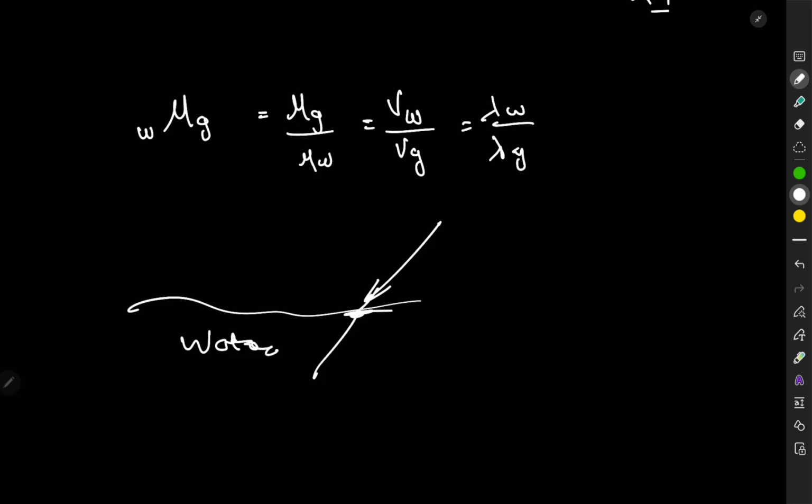The velocity will be slowed down when water is with high density than the air. Of course it is. So mu will be inversely proportional to V. Mu of gas will be inversely proportional to the V of gas, right? And V is directly proportional to lambda.